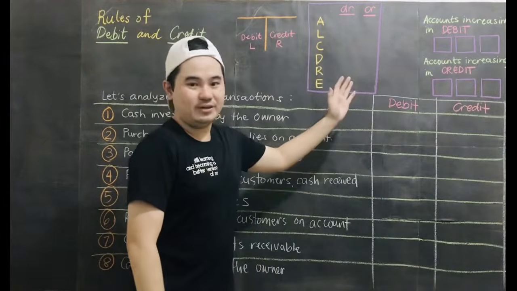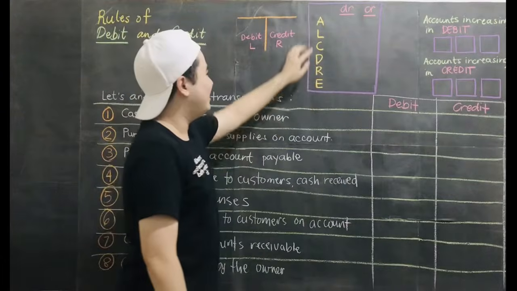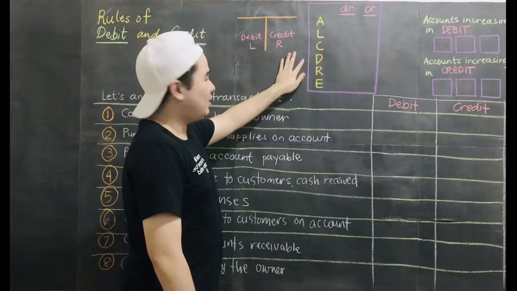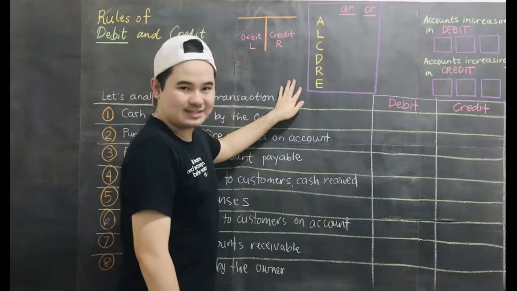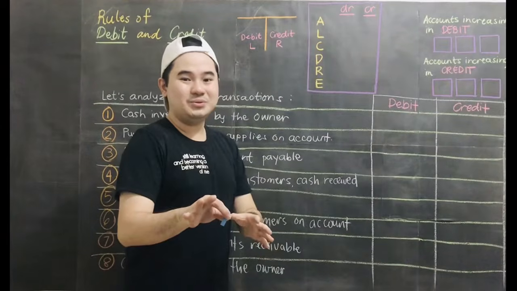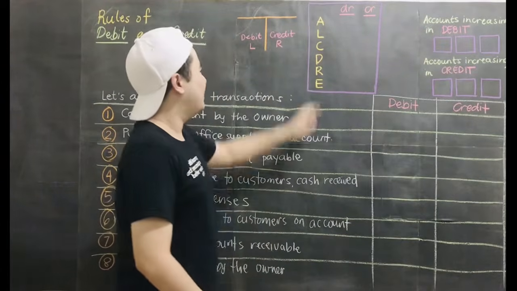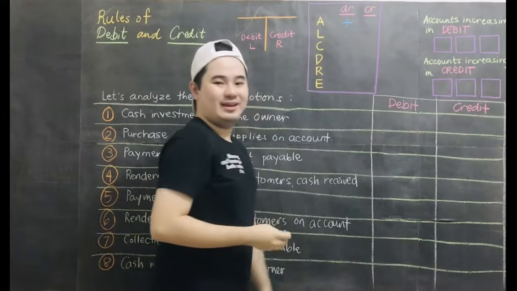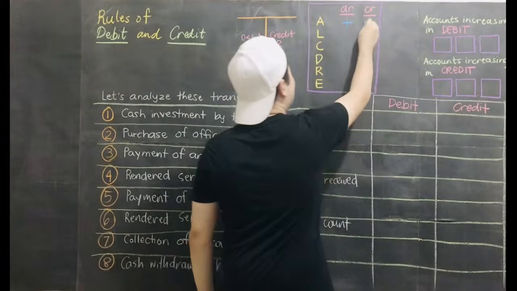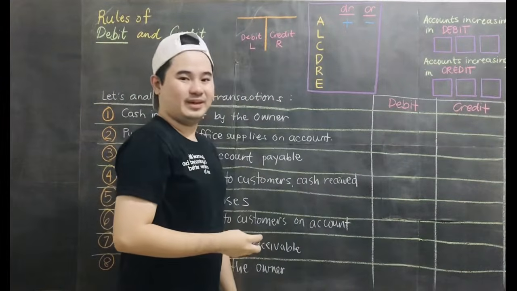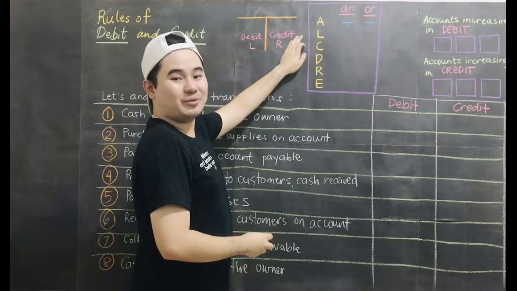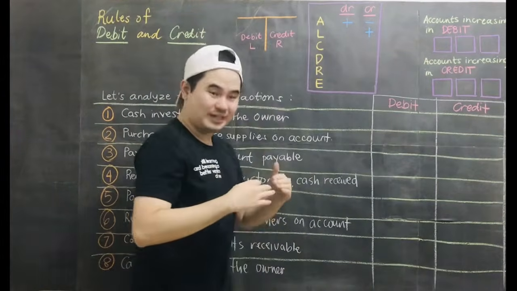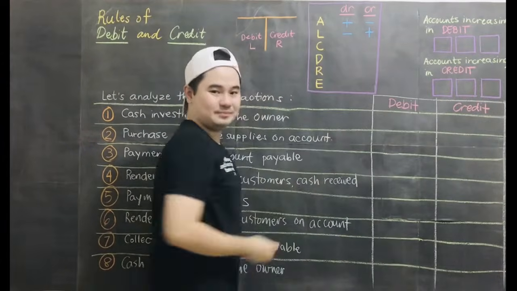So, given here are the elements of financial statements: assets, liabilities, capital, drawing, revenue, expenses. I'll now be showing you the rules of debit and credit. Asset is increased in the debit side and decreased in the credit side. Liabilities are increased in the credit side and decreased in the debit side.